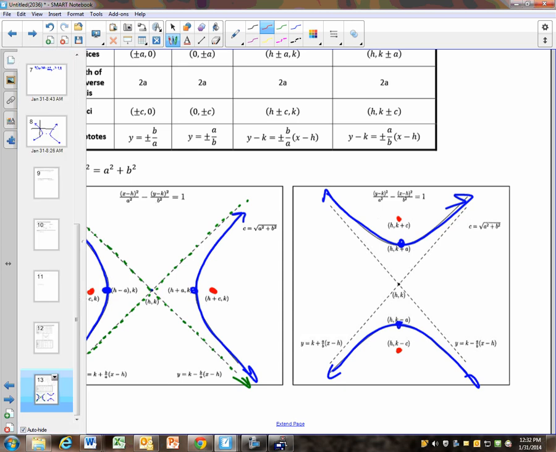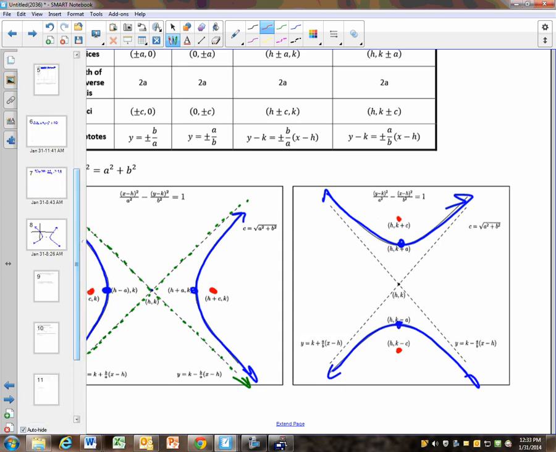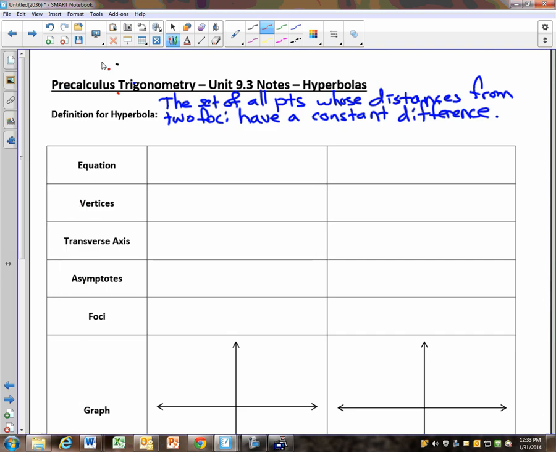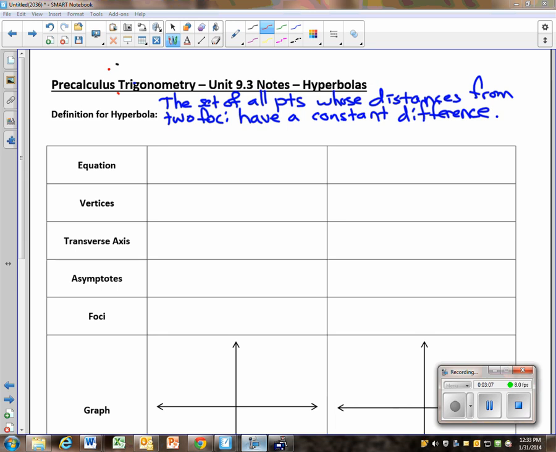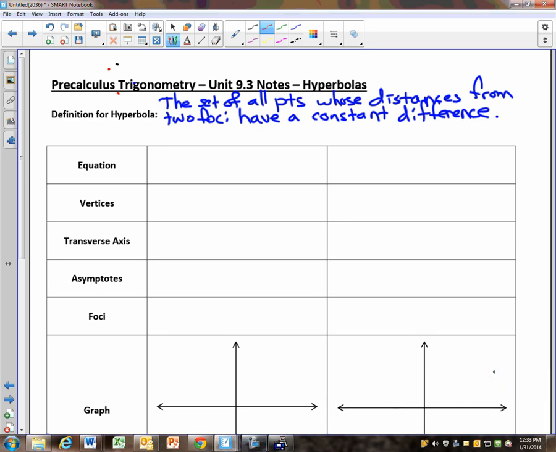The actual definition, which you're not going to have to memorize for the test, is as follows. A hyperbola is the set of all points whose distances from the two foci have a constant difference. That is very similar to the definition of an ellipse.